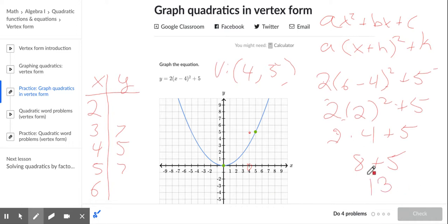So 13 is my answer. And because it's symmetrical, if I plugged in 2, I would also get 13.